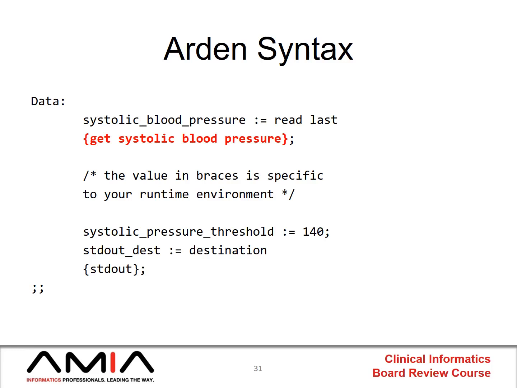I could share the logic, but every target system would have to implement those methods differently. And that became a challenge. If your homegrown system fetched blood pressures and stored blood pressures differently than my homegrown system, then even though I could share with you my Arden syntax, it wasn't truly a portable clinical practice guideline. I still had to do a lot of last mile work to get this to work in my own system.